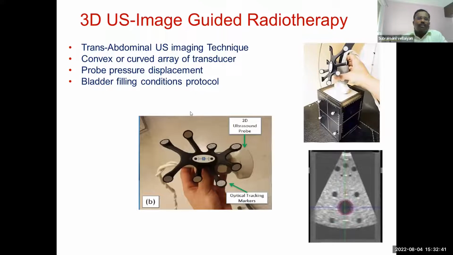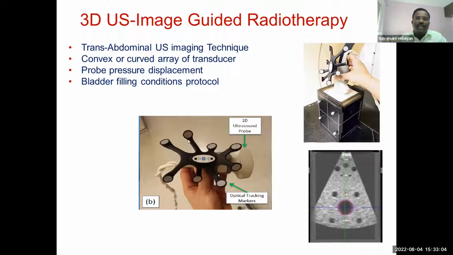So what is actually 3D ultrasound? As I told you, for image guidance, you need an optical tracking system. The probe, called a curvilinear probe, is embedded or fixed with an infrared passive reflector.